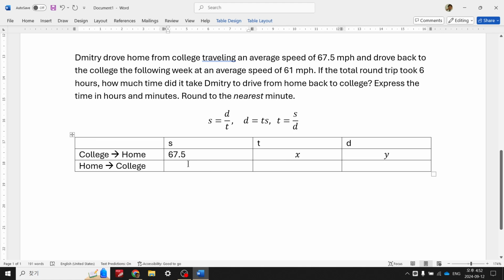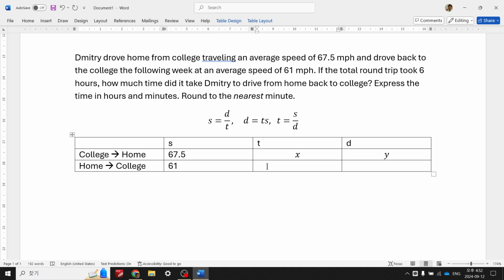Okay, so from home to college, what's the speed? 61, yes. What's the time? We can't use x because x is the time that it took from college to home, right? We can't use z either because we already have two unknowns.